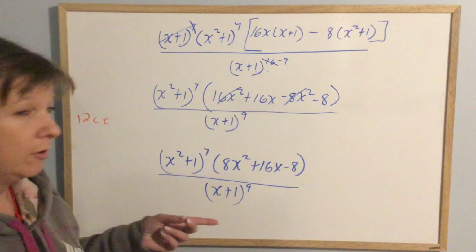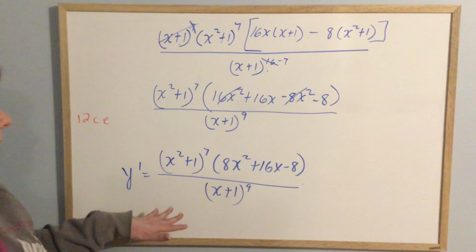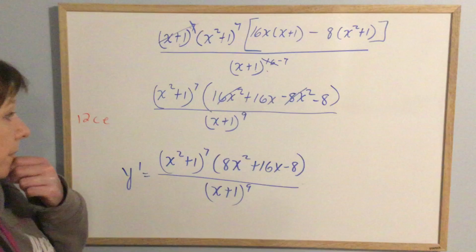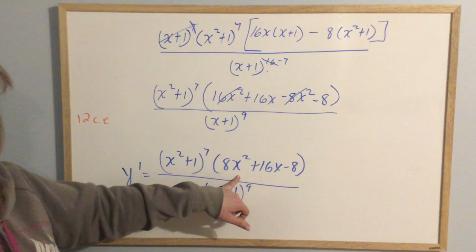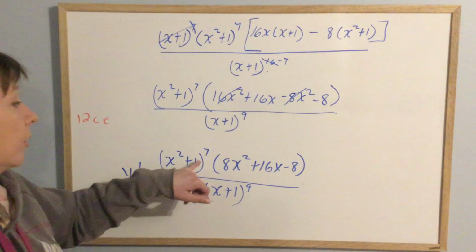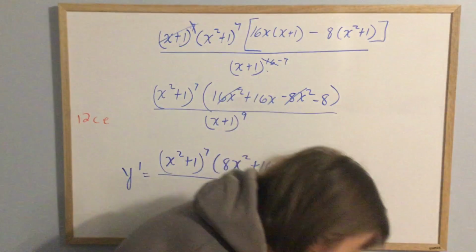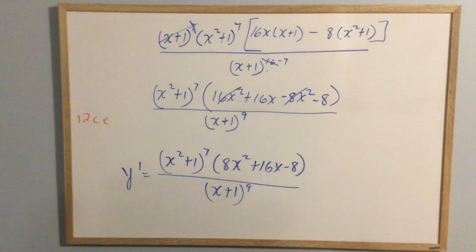That is probably how I would give my answer. Y prime is. I would probably leave my answer like that. You could potentially take a common factor of 8 out of here and have 8 times (x squared plus 1) to the 7th times (x squared plus 2x minus 1). But there's no real point to doing that.